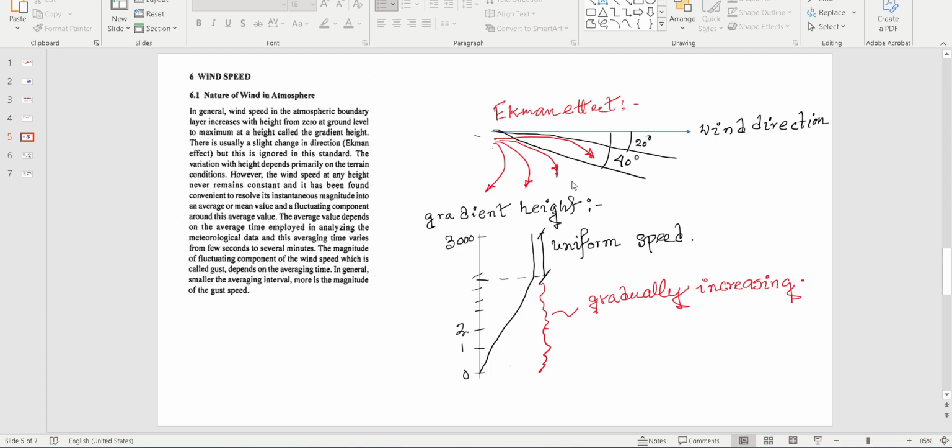So the wind turns its direction to a certain angle, and it creates a spiral. Now I have drawn it thoroughly. This is called spirals.